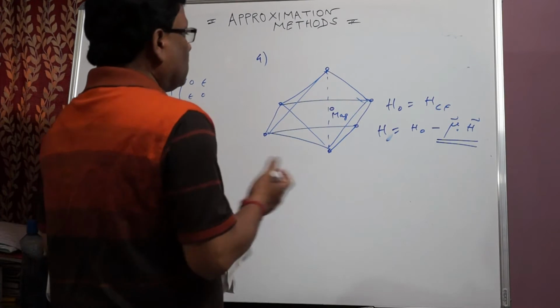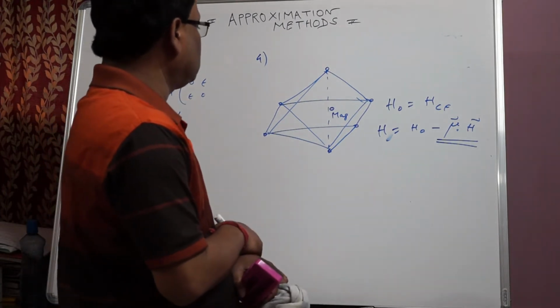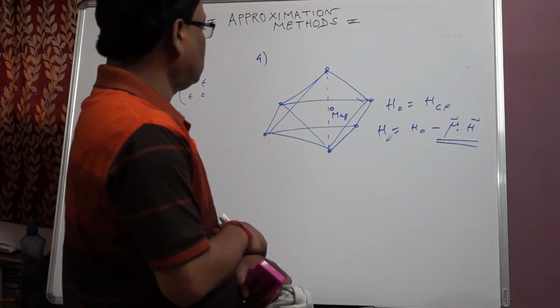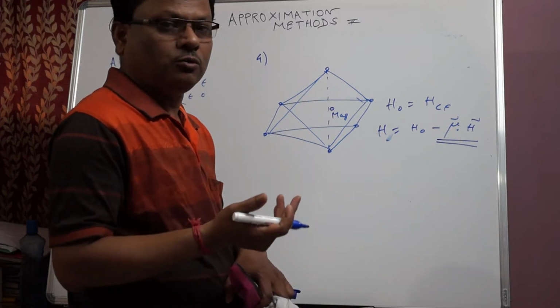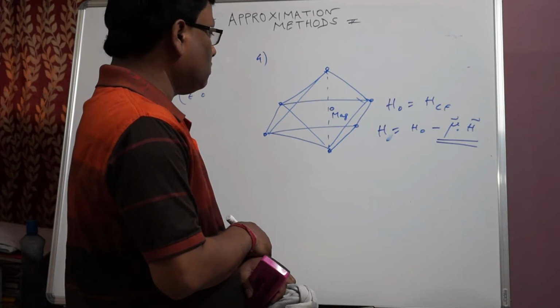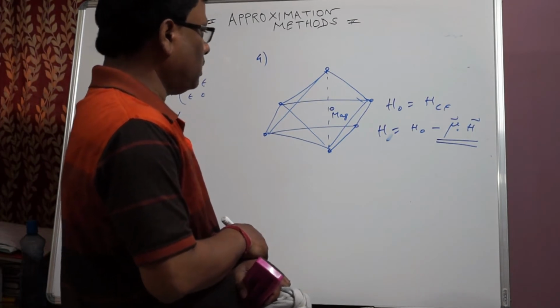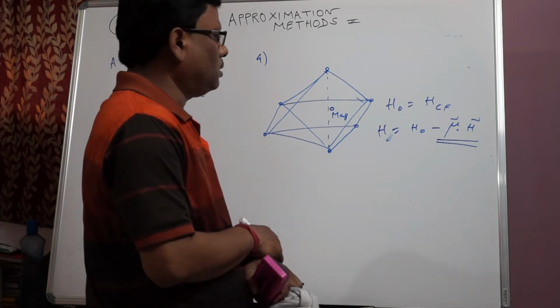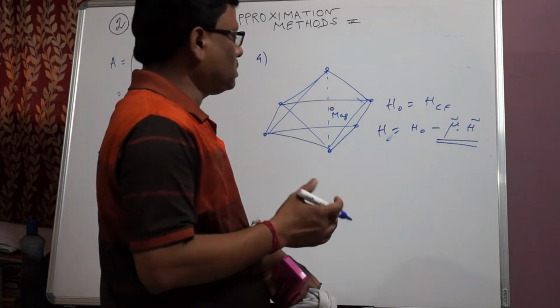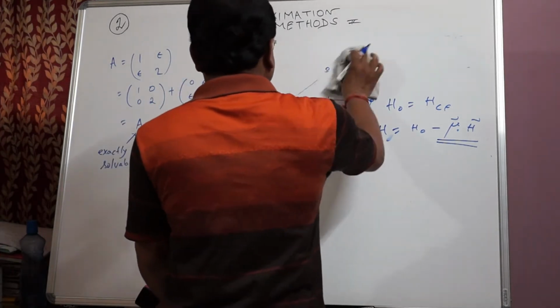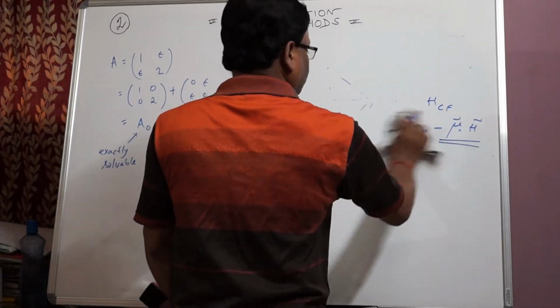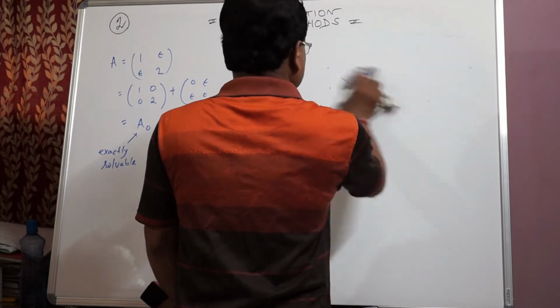So these are a few examples of how and when we apply perturbation methods in quantum mechanics, and all these problems are similar to a problem which is exactly solvable.